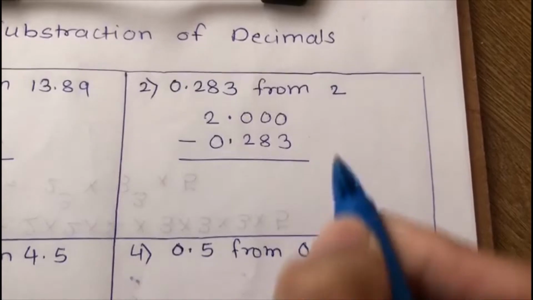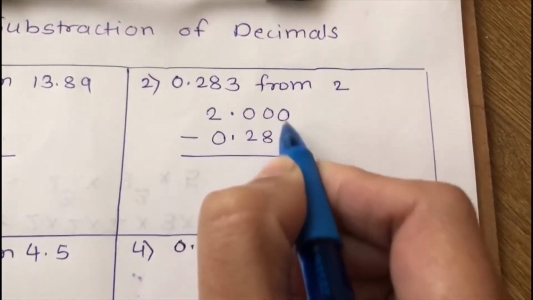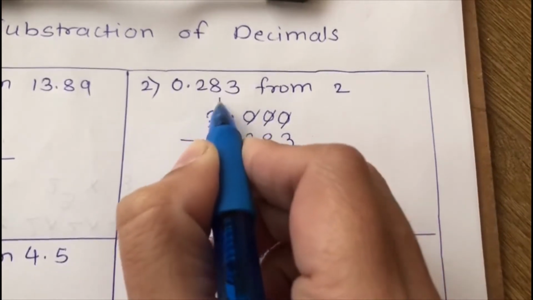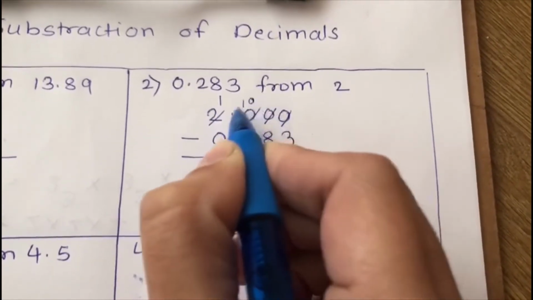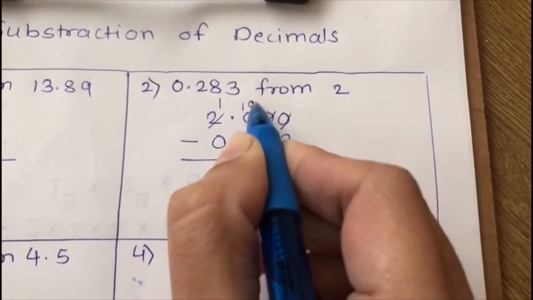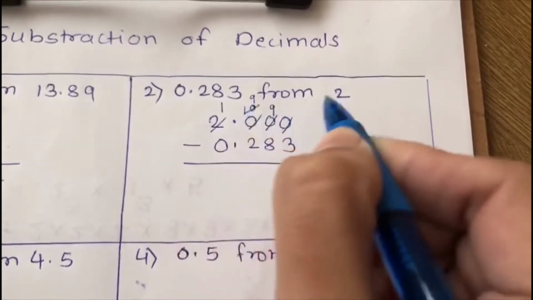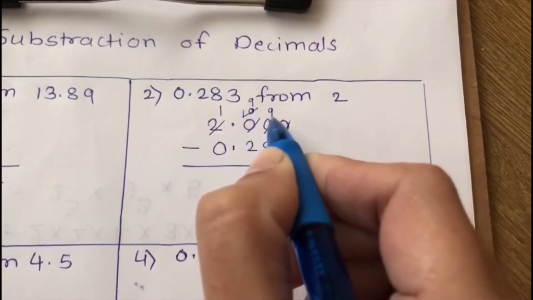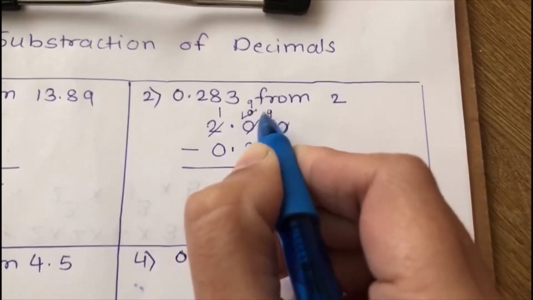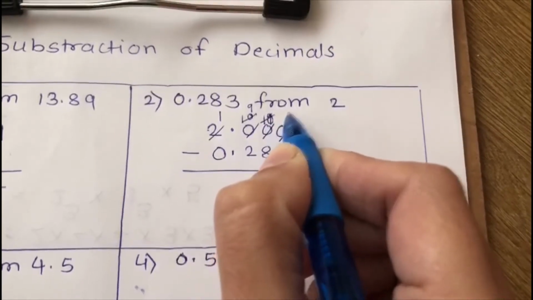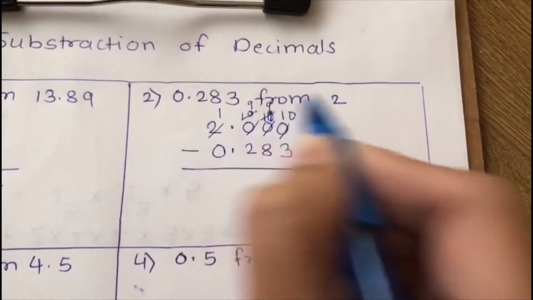As we know, we can't subtract 3 from 0, so I carry, so I write here 10. When it gives 1 to here, I write here 9, and here will be 10, and when it gives 1 here, I write here 9.